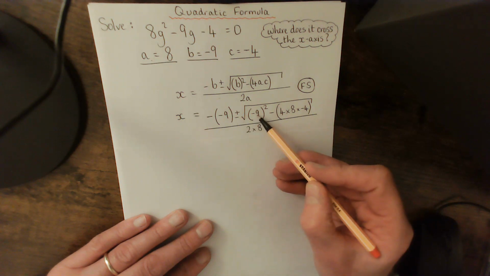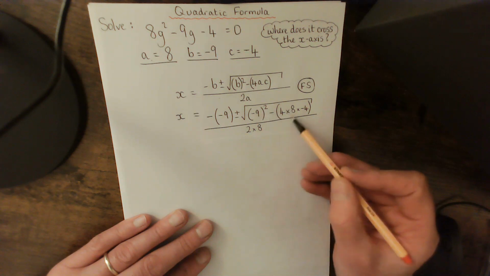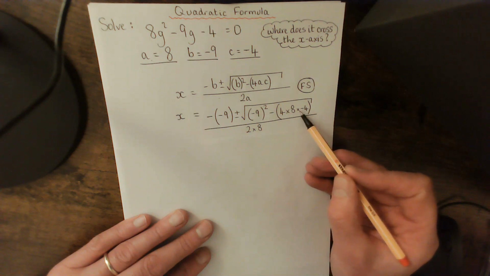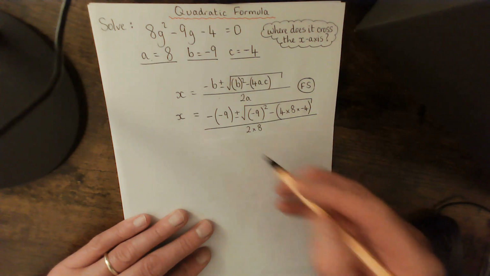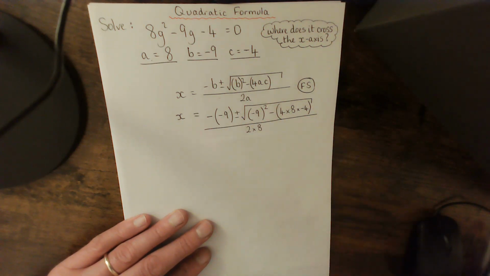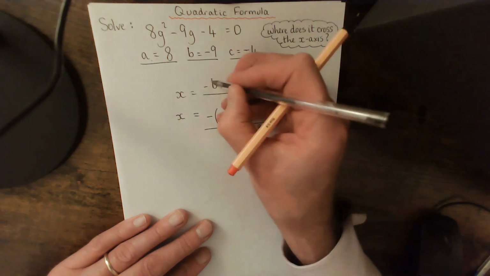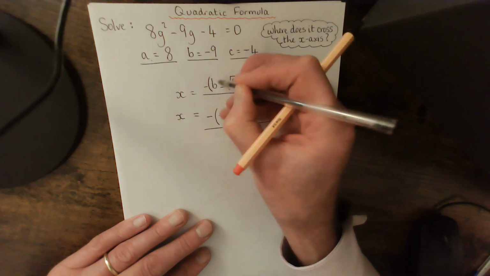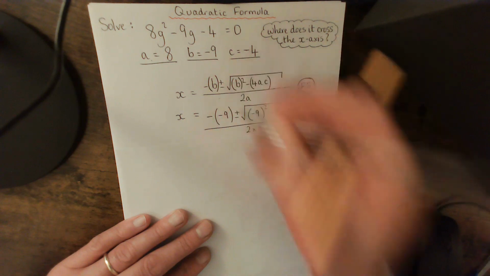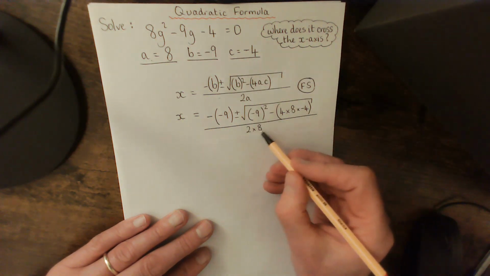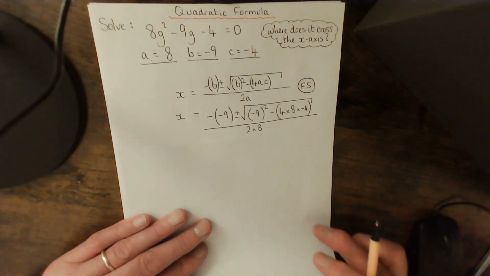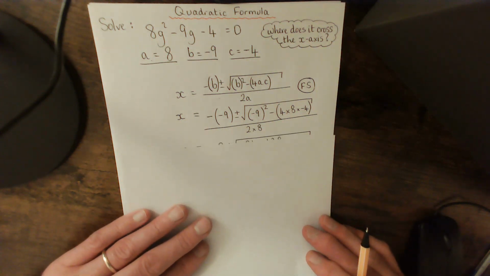I'm placing the 4ac values inside the bracket. Okay, so be careful. Just to make that a little bit tighter, I'm going to put a bracket round that b as well. I'm putting it all over 2 times my a value, which is 2 times 8.